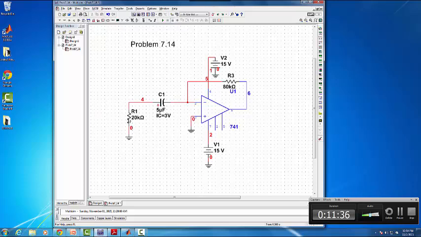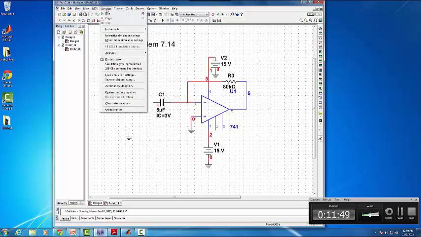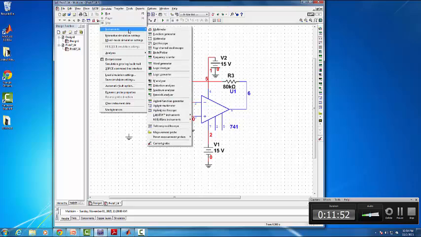So the first thing I'm going to do is get rid of the fact that I've grounded out the input here, because this would normally be the input. So I'm going to get rid of that. And in my simulation, there are instruments.